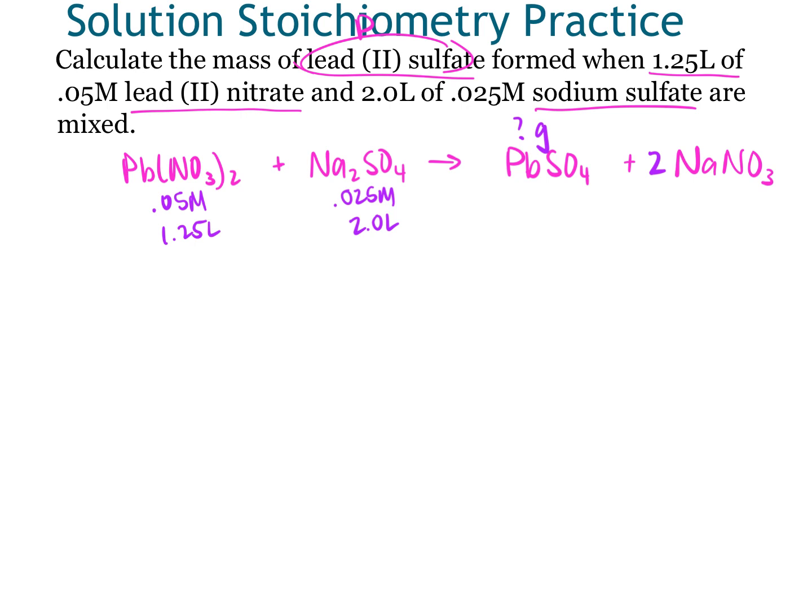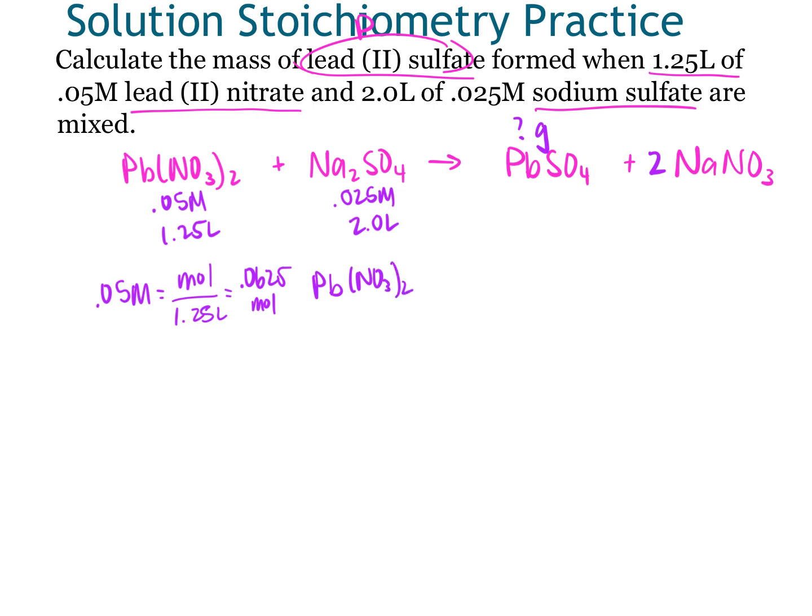So I would use 0.05 molar equals moles over 1.25 liters. Okay, and I can find out how many moles are present in that lead nitrate solution. 0.0625 moles of Pb(NO3)2.